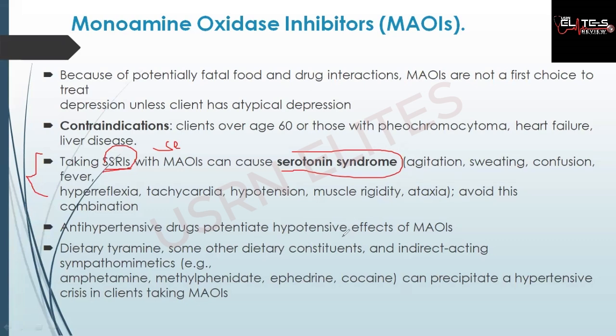Antihypertensive drugs potentiate hypotensive effects of monoamine oxidase inhibitors. So if someone is being treated with labetalol and has been prescribed isocarboxazid to treat long-standing depression, you should look out for the hypotensive effects.